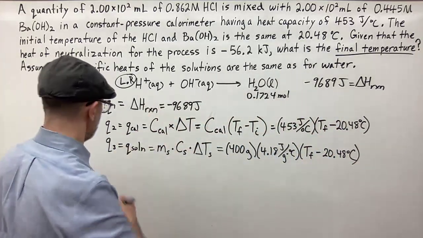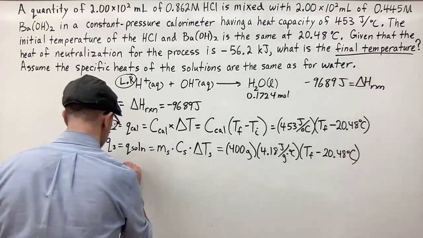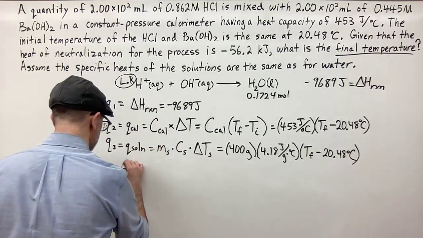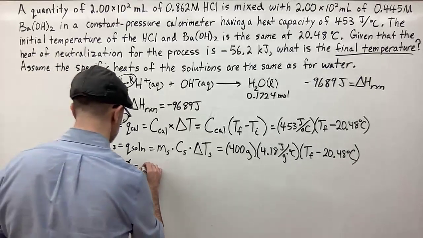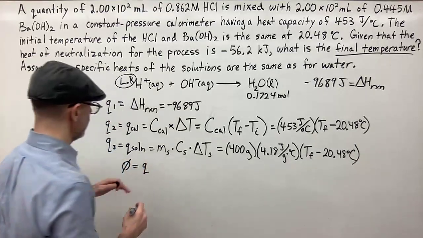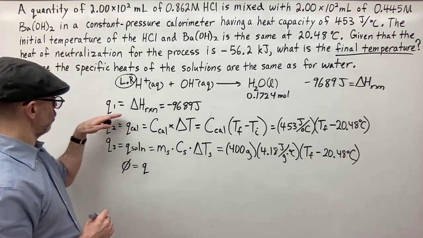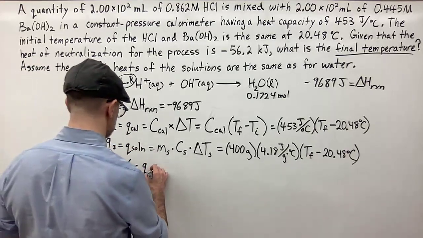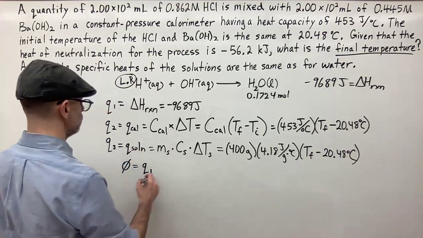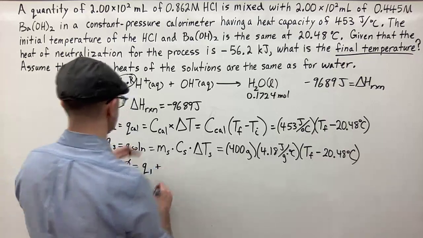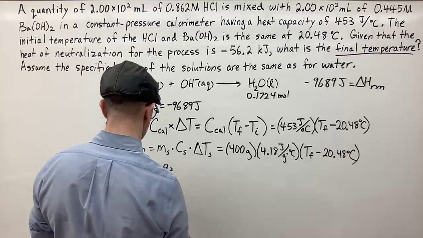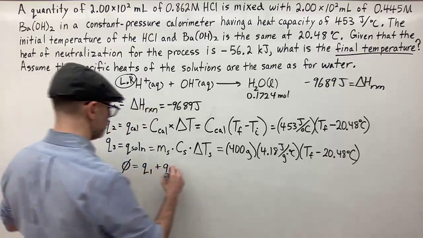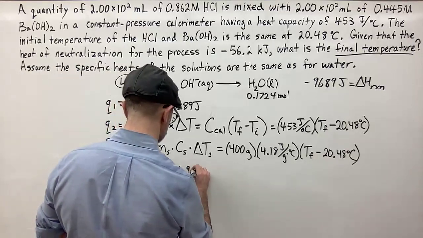So now that I have that, I'm going to set up the equation. Remember, the equation is going to be 0 equal to the 3 Q values. So Q1 plus Q2 plus Q3.